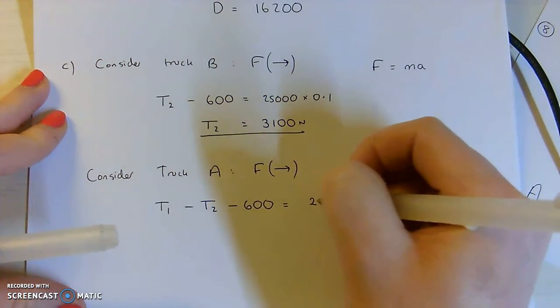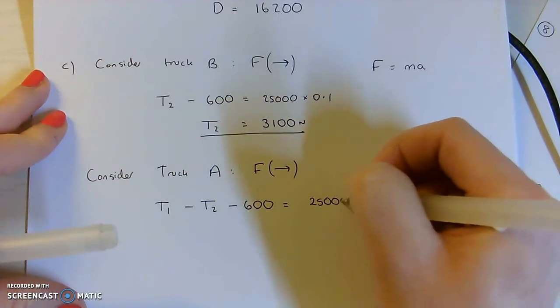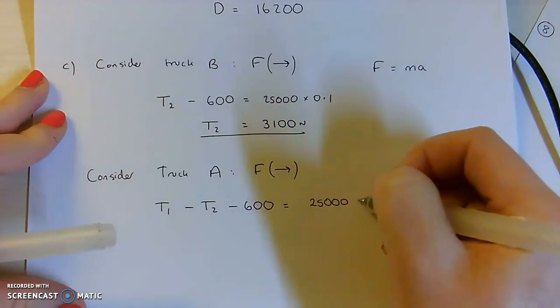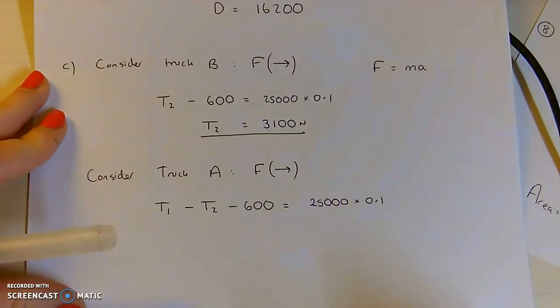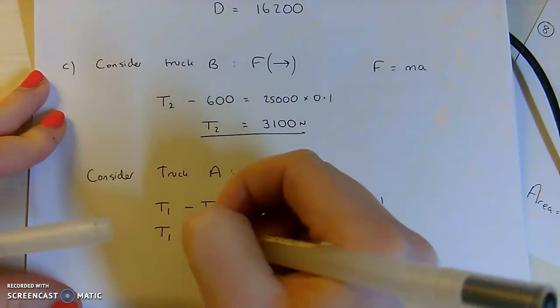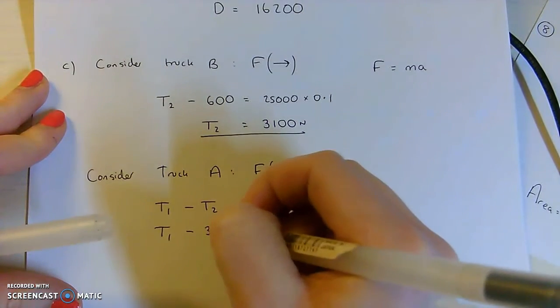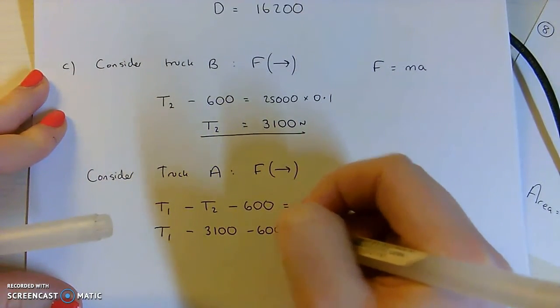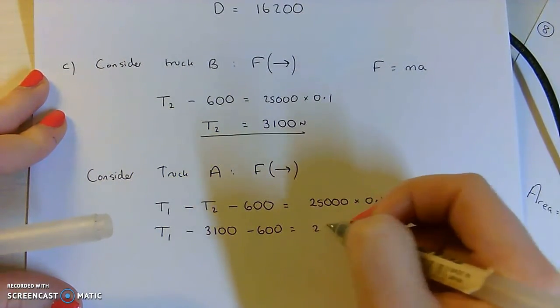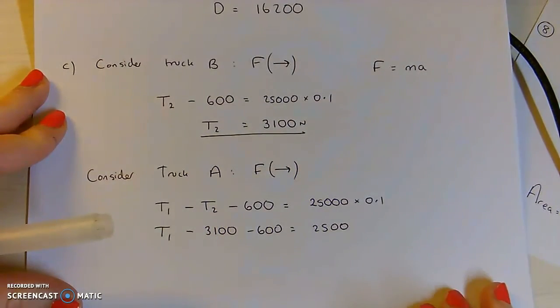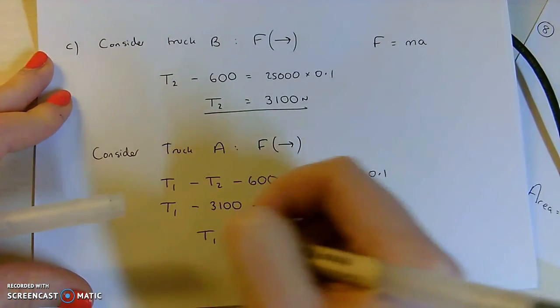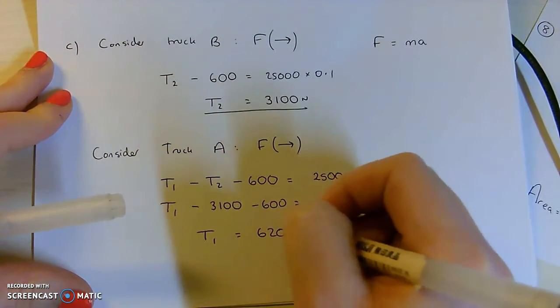And that equals, well, truck A is 25 tons or 25,000 kilograms, and the acceleration is still 0.1. So T1, take away, well, I just found out that was 3,100, take away 600 is going to be 2,500. So rearrange it, and I get that T1 is equal to 6,200.